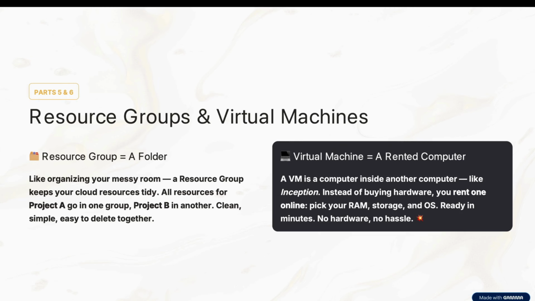Let's also see what VM means, right? Virtual machine, the superstar term. Everybody has heard about this VM. It's basically a server on rent, a computer on rent. You don't buy physical hardware, you simply choose it. RAM size, CPU power, storage, operating system, you choose, click a few buttons, and your computer is ready online.